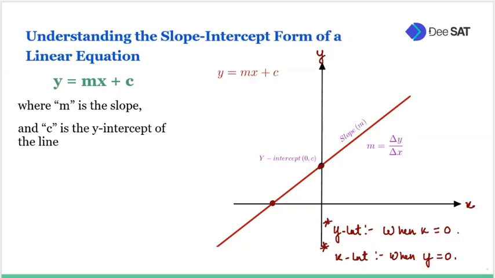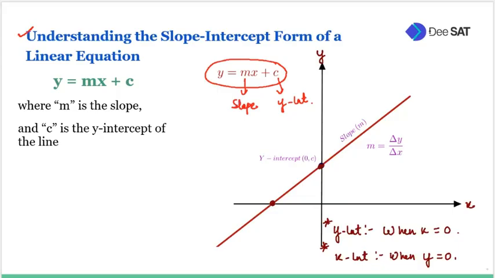Now, moving back to the slope-intercept form, it basically says that y is equivalent to mx plus c, where m represents the slope and c represents the y-intercept. These are the two fundamental things to understand or to represent any equation of a line.